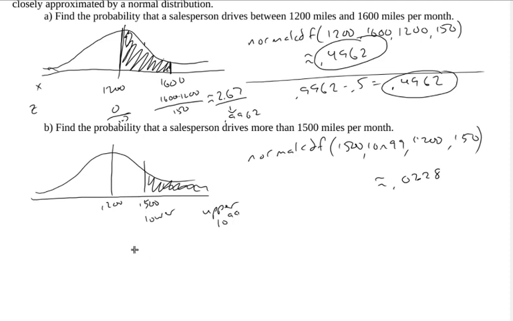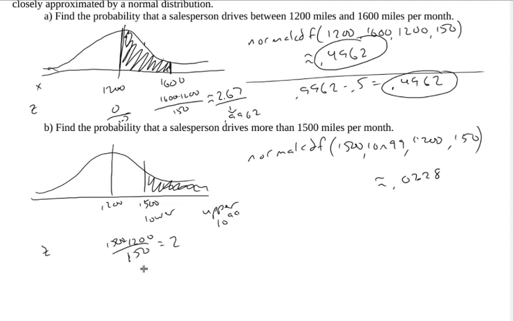This 1500, the z value is 1500 minus 1200 over 150. It's 2 standard deviations above the mean. I happened to notice that because 2 standard deviations would be 300, and this is exactly 300 above the mean. Of course, 300 divided by 150 is 2, so that's another way to get it.